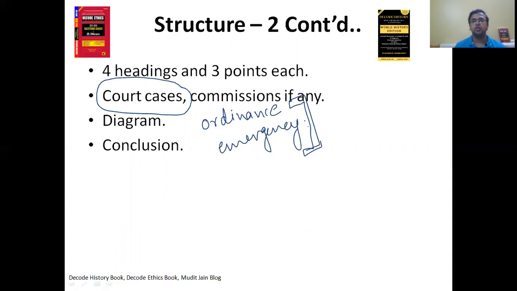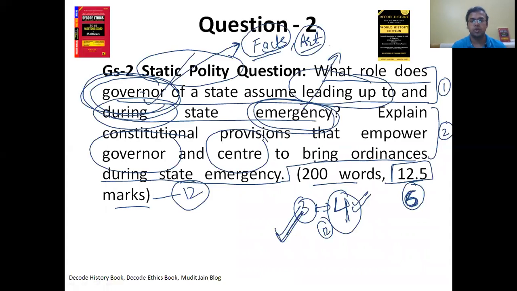There is no need to wander beyond that. So it is a static question. You can simply pick cases. Now the key is that you should know them. You cannot bluff cases here. So if there are any commissions that you remember, write them. Diagram again, very simple. You can draw a hub and spoke diagram here as well.